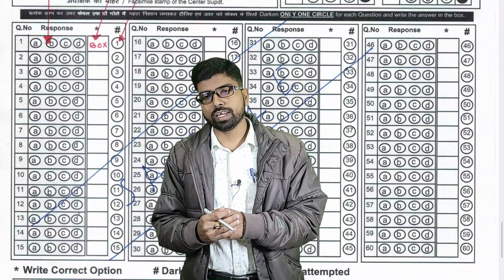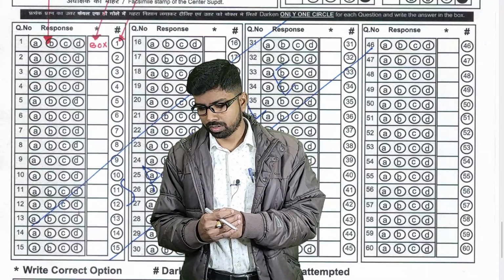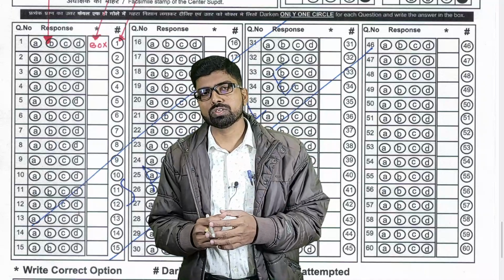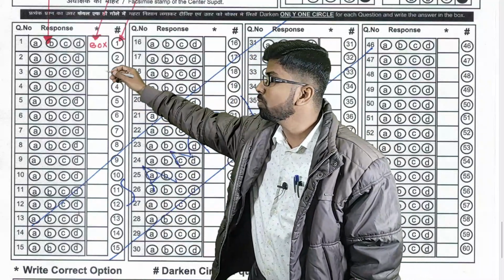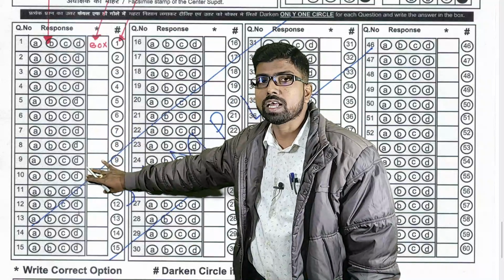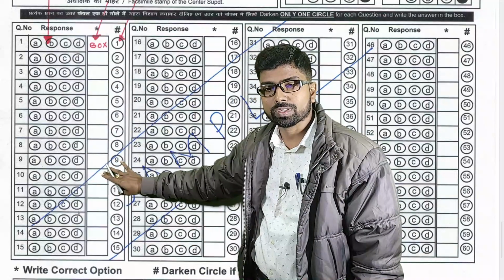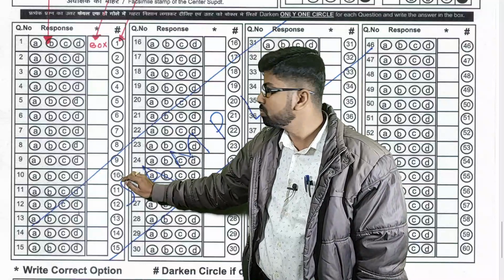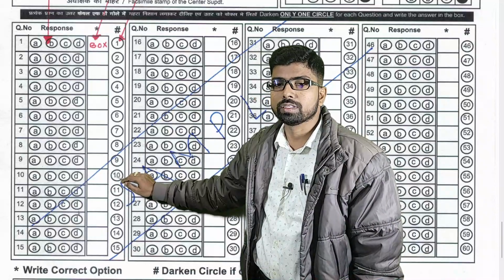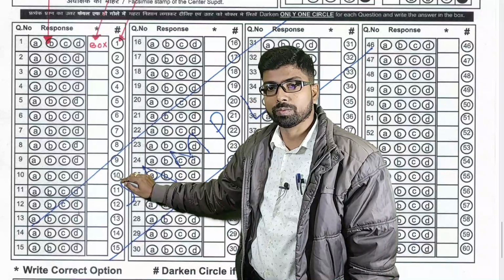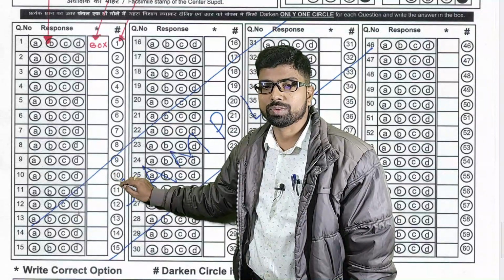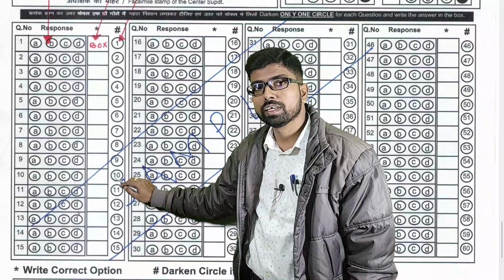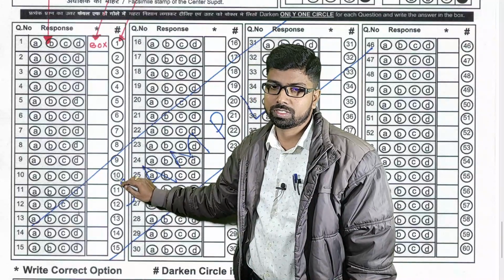Suppose in section A 25 questions are coming, but you have to attempt 20 questions. Suppose you do not know the answers to questions 1, 2, 3, 4 and some others. If you are skipping that question, then you have to encircle this box to show that you are not attempting it. Then even if you write anything there, that will not be evaluated.